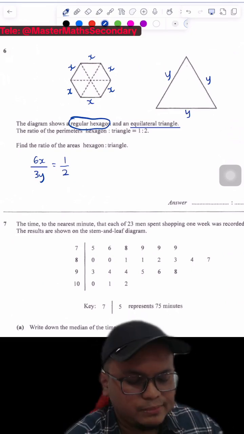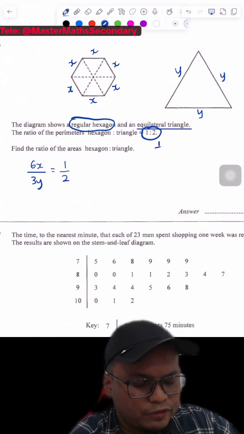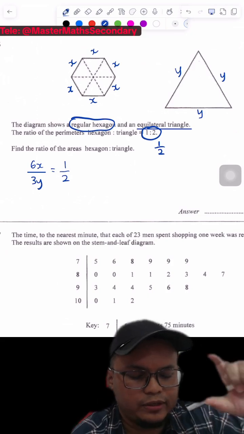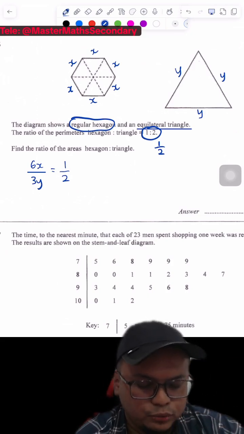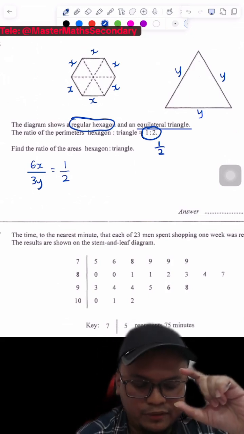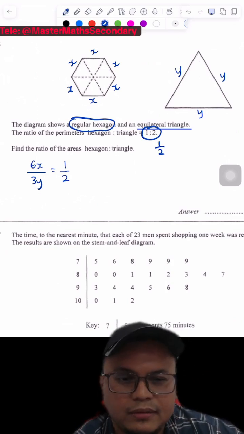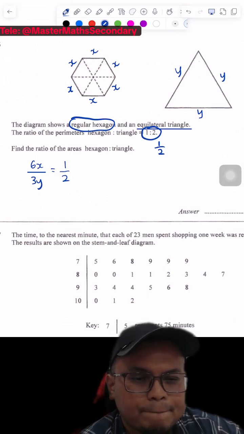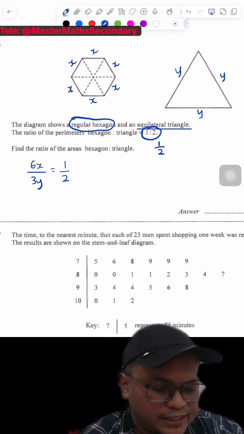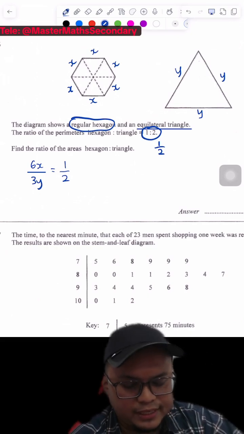Basically I'm just rewriting the ratio from ratio form into fraction form. Hexagon 1 unit, triangle 2 units. So I'm just putting 6x as the perimeter for the hexagon, and 3y as the perimeter for my triangle. Everyone okay? I just turned ratio to fraction. Now what I can do here is cancel off the common factors.